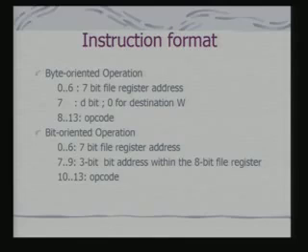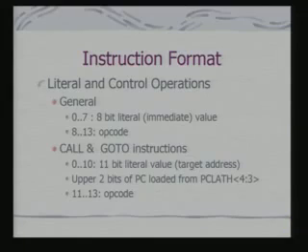For the bit-oriented operation, the interesting feature is that using 3 bits, you can specify exactly the bit number which is to be checked or modified in the file that you have specified in the address. Here also, bits 10 to 13 are used for the opcode. In literal and control operations, the structure is slightly different.